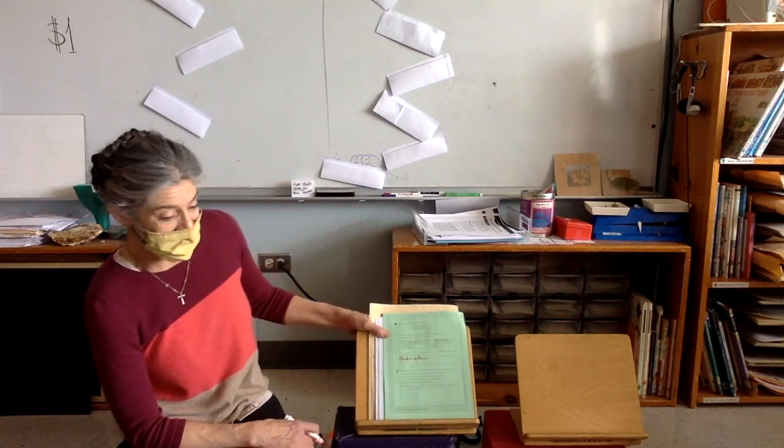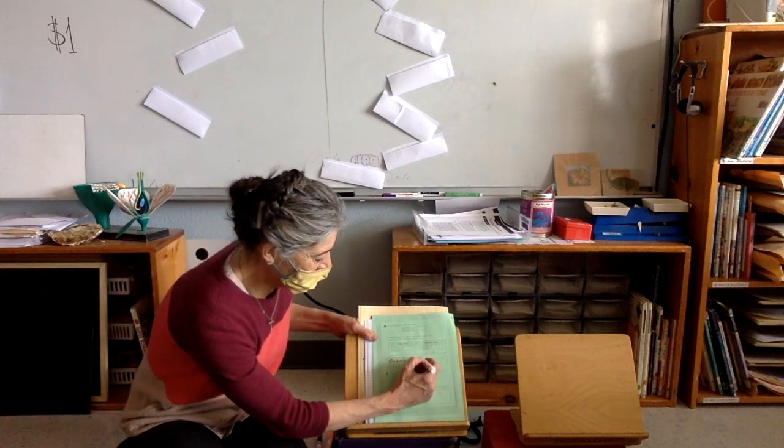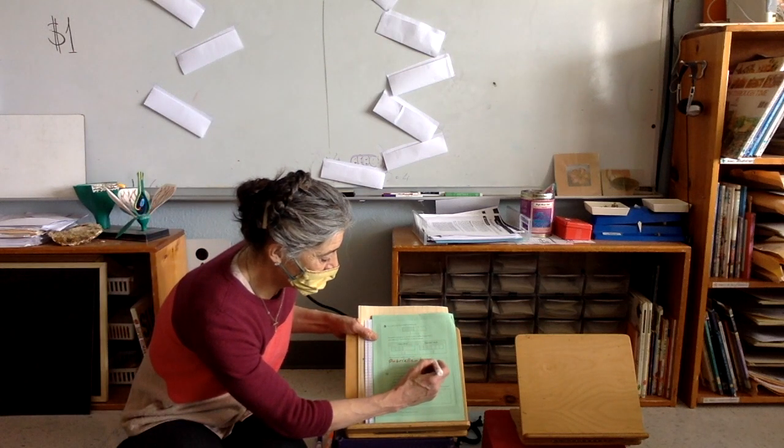And it says explain. Gideon, explain. Well, you guys, Todd did something very wrong. What did Todd do? He didn't make them equal. He didn't draw fourths. Those are not fourths.